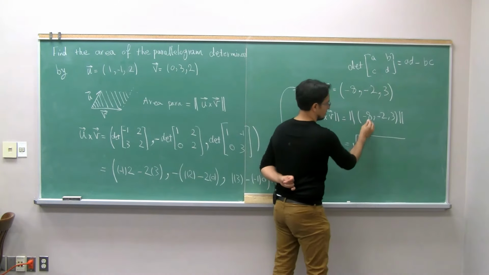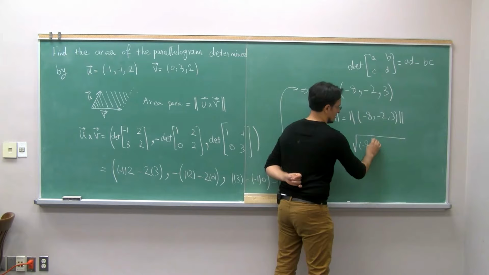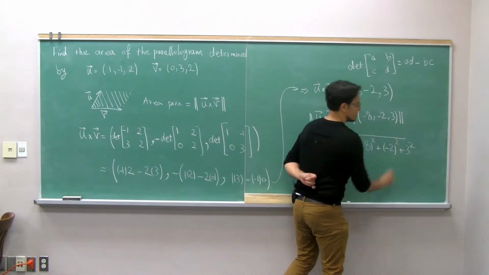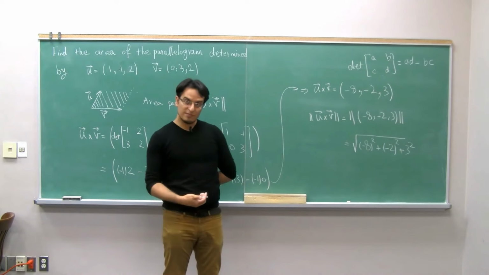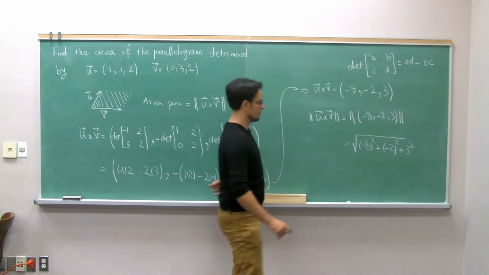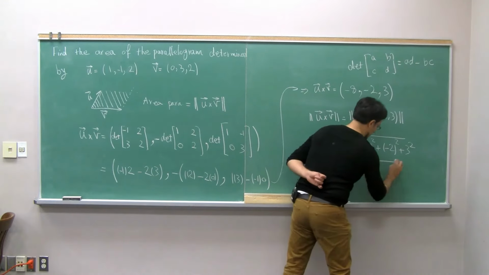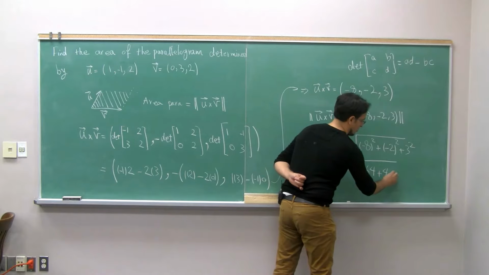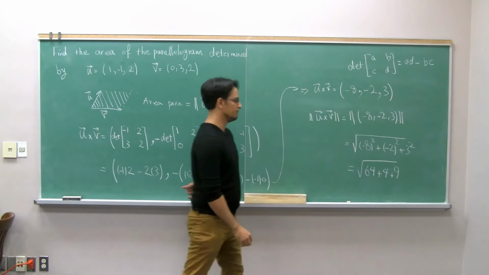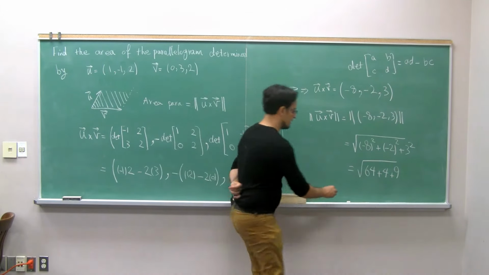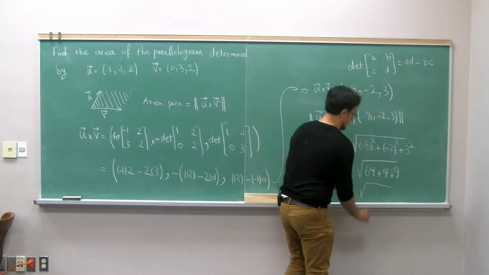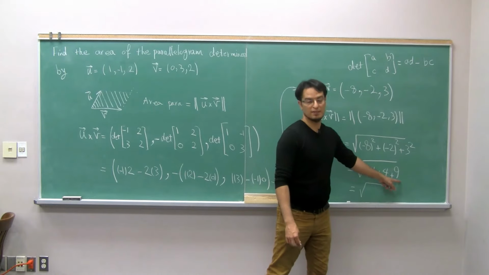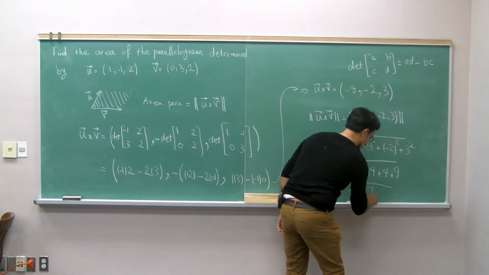So here, the components are -8 squared plus -2 squared plus 3 squared. That gives you a number. Find the square root. Here I have 64 plus 4 plus 9. Then you add them: 68 plus 9 gives me 77.